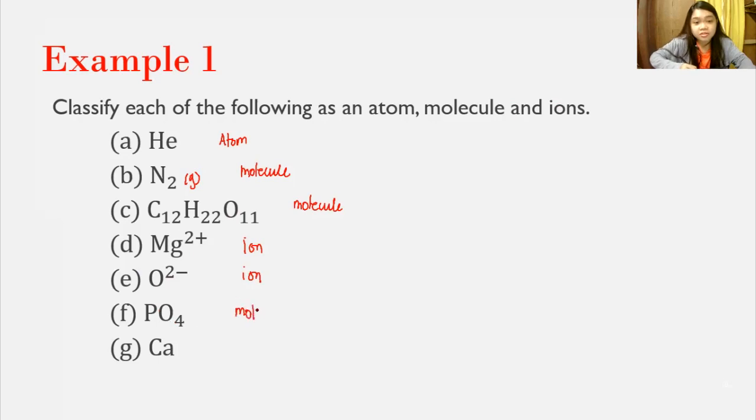Yes, it's a molecule. You're very bright. And then here we have carbon. Of course, it's an atom. So it's very simple to classify a certain particle as an atom, molecule, or ion.